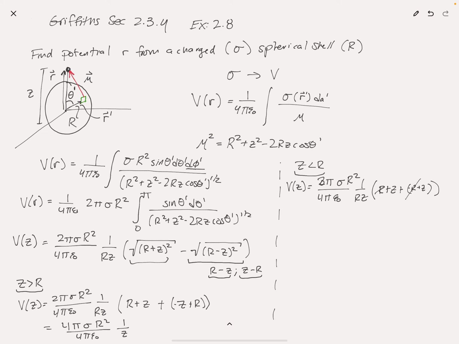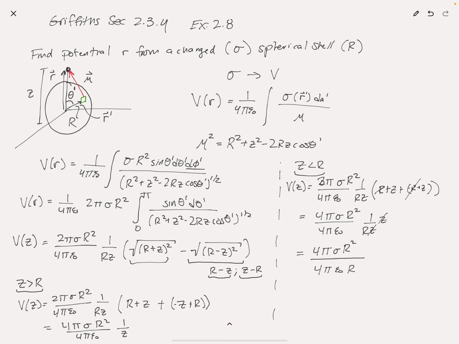The r's cancel this time, and I'm left with 2z. So I get 4 pi sigma r squared over 4 pi epsilon naught, 1 over rz, times z. The z's cancel. I'm left with 4 pi sigma r squared over 4 pi epsilon naught r.